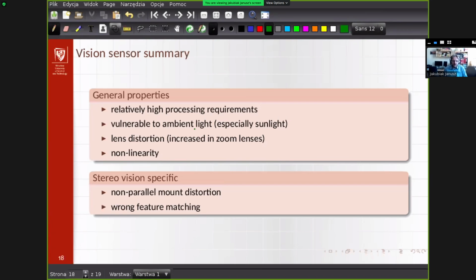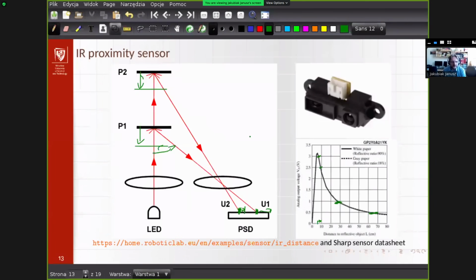The vision is also vulnerable to ambient light. Especially when you have a strong sunlight, the sensors like infrared detectors, what is important in here, you need to see with this camera this reflection point on an object.